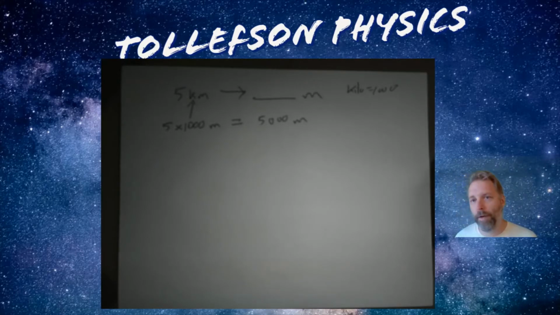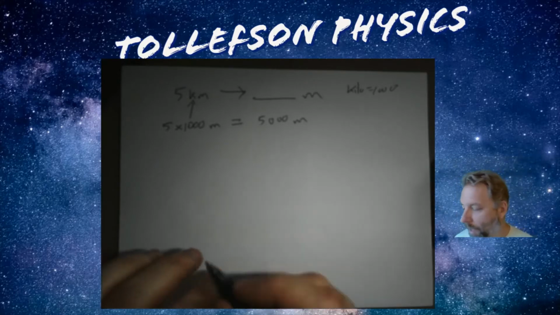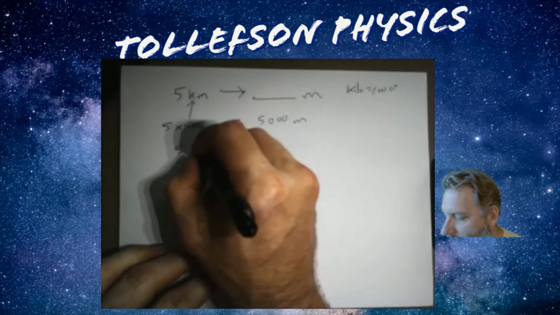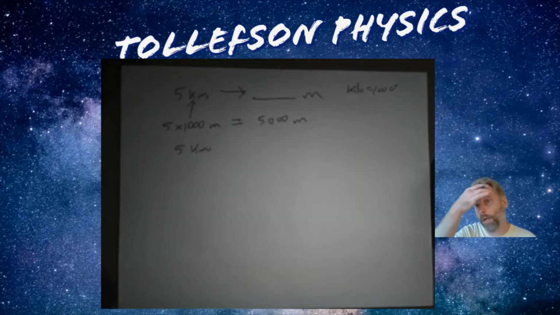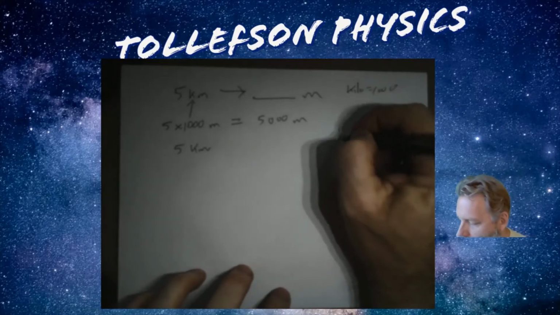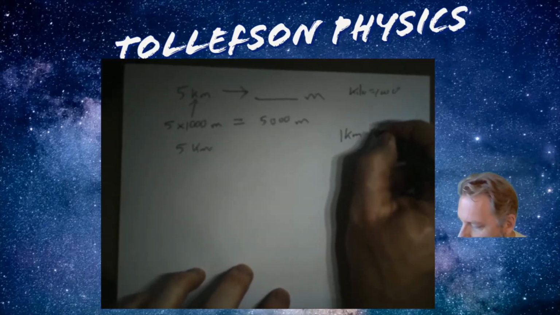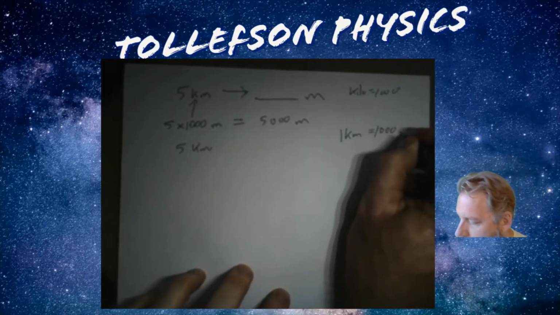Now, another way that you've probably seen in the past was, okay, I've got 5 kilometers. Well, what does that actually mean? What is the conversion to meters? Well, kilo means 1,000, so what it really means is 1 km equals 1,000 meters, right?